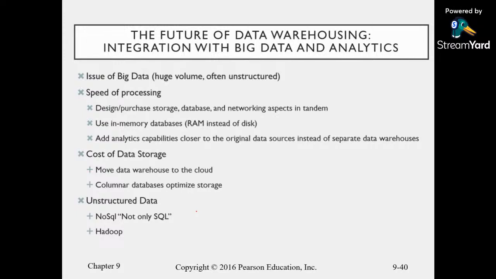Then we have unstructured data, where we have NoSQL, so in that case we're not using SQL, and we have Hadoop, etc. Vendors making advances in these areas include Teradata, Oracle, SAP, Microsoft, IBM, and Amazon, and they are taking the data warehouse to a higher level. So that is that.